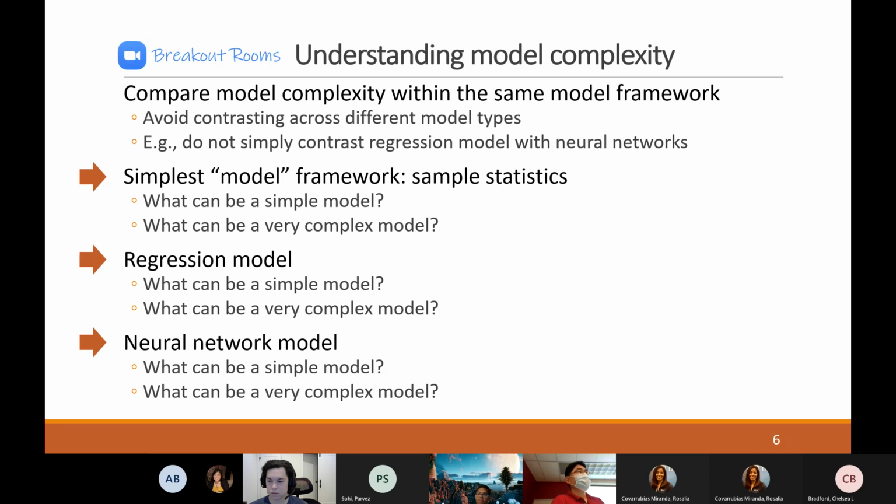But more complex models tend to be more likely to overfit. How do you solve that tension? That's a challenge.